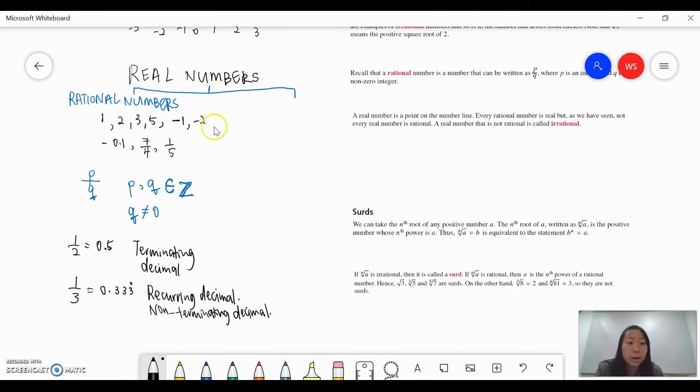Now, as you work with Pythagoras' theorem in Year 9, let's say, for example, you have a triangle, and you know that this length here has a unit of 1, and this length here has a unit of 2. Of course, it must have a right angle here.